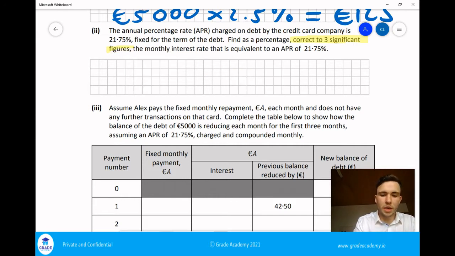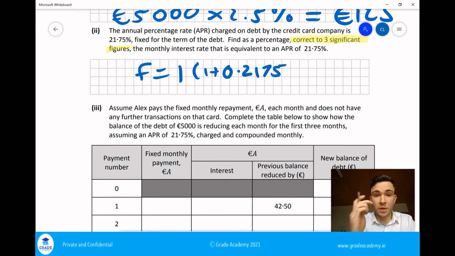So what are we going to do? We're going to use that F is equal to P multiplied by (1 plus i) to the power t formula. So F is going to equal, so we're investing €1 and it's at an interest rate of 21.75%.